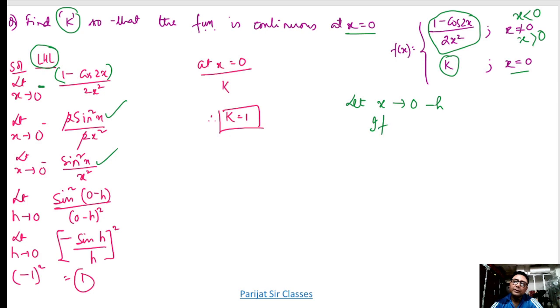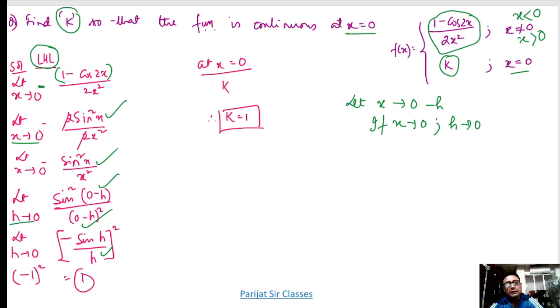Now since we are testing at less than 0, so I will let x tends to 0 minus h. So if x tends to 0, h will tend to also 0. So x tends to 0 means h tends to 0. So there is a sine square x. Now x means 0 minus h, 0 minus h. So this becomes this. And we can write it as, so this minus becomes plus sine square limit.